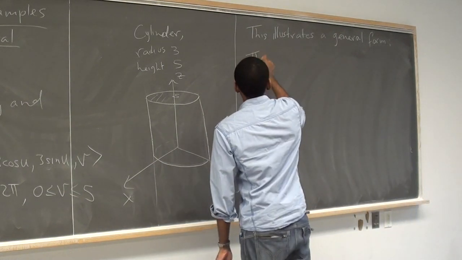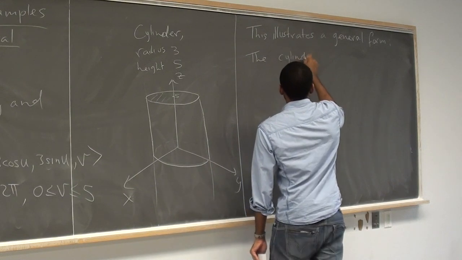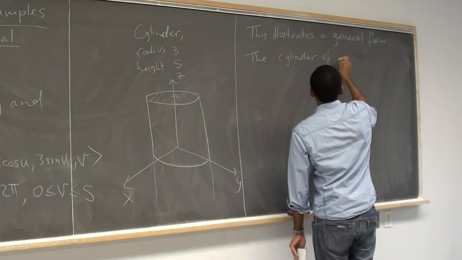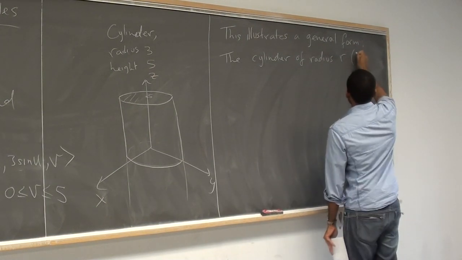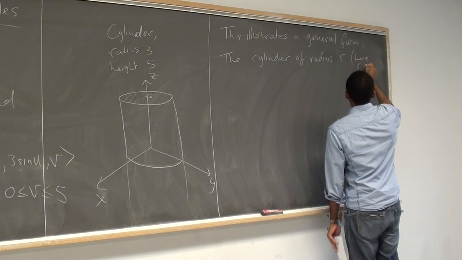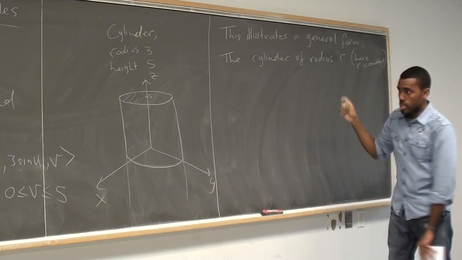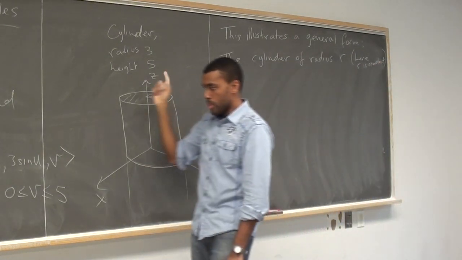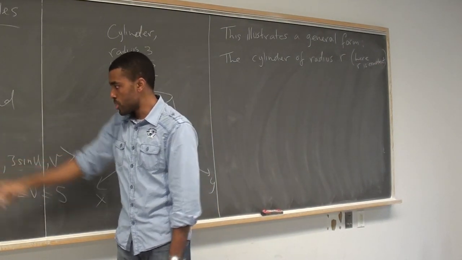This is the radius r. Here r is constant. This is a mistake that people always make. They sometimes forget that if you put an r here, it's constant. Your variables are u and v.